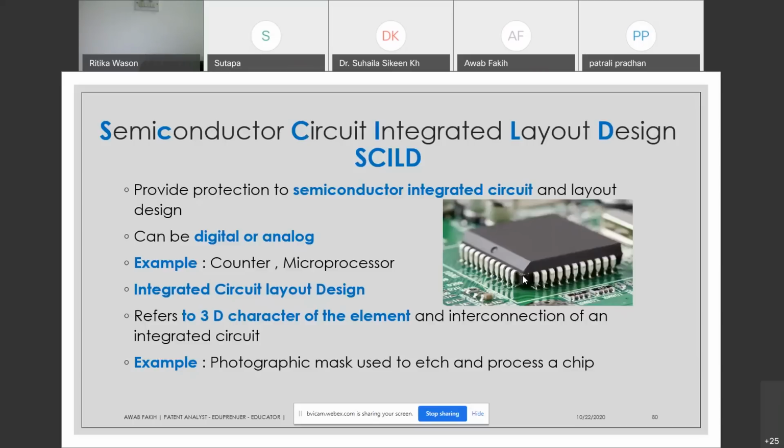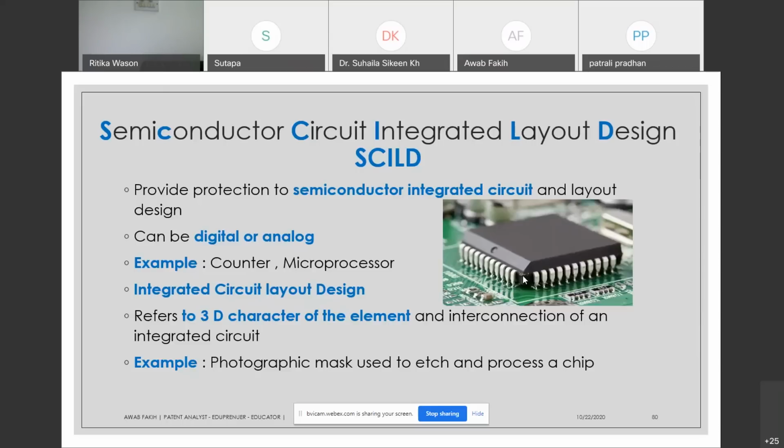It provides protection for the semiconductor integrated circuit and the layout of the circuit. So anyone working in circuit design, this is for you, my dear colleagues. It plays a significant role in the advancement of technology, especially for electronics and information technology faculties and academicians.